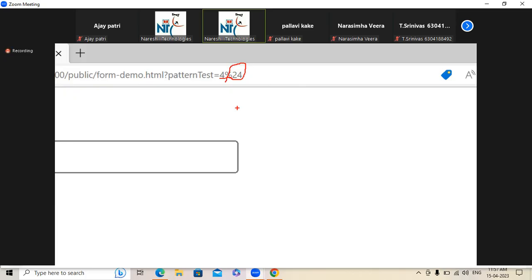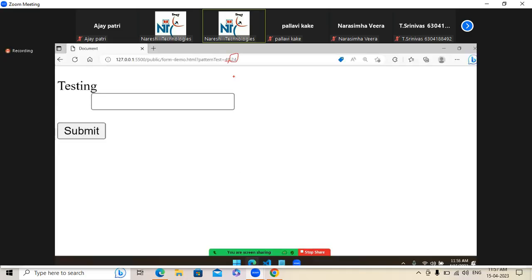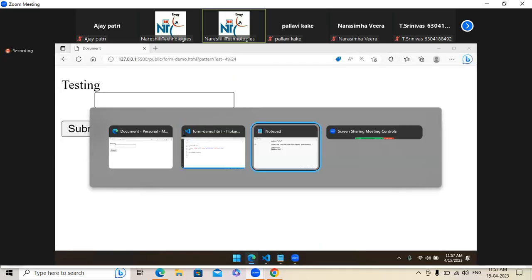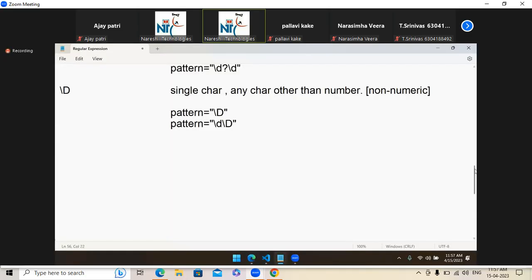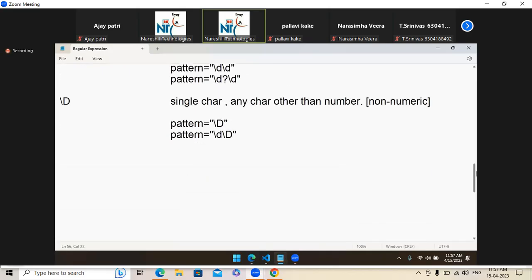It will be encoded and transferred, and again decoded and captured. So you don't worry about what is shown in the URL. You just need to worry whether the input is allowed or not, right? That's important. So technically, this is the purpose of \d and \D, uppercase D.